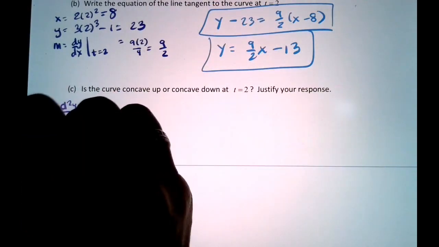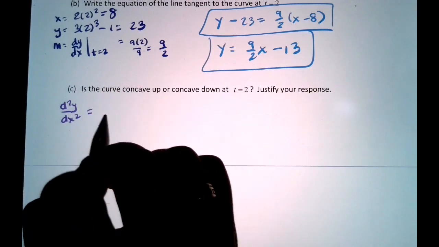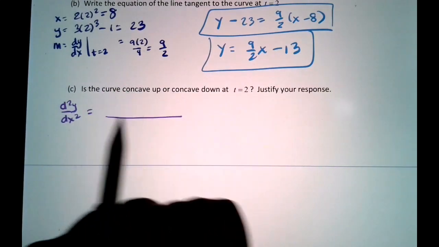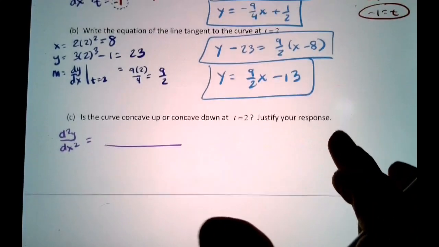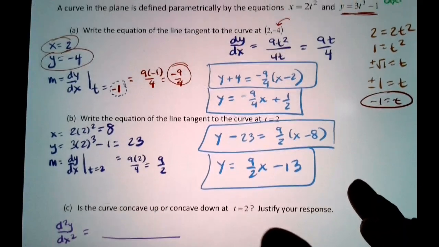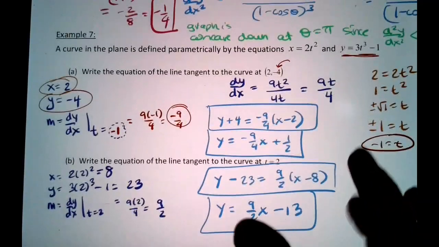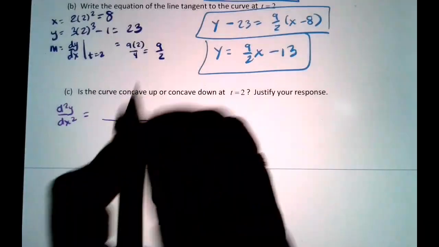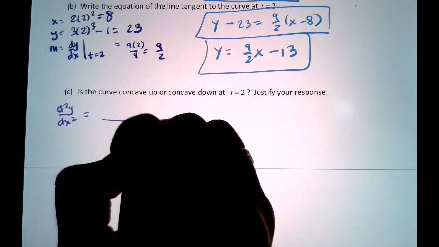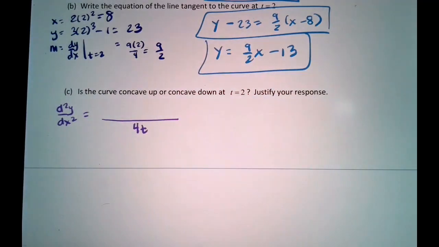Let me start out by saying I am going to take the derivative of dy dx in the numerator, but I am going to put it over the old dx dt. So let's go back and look at what x is. Remember, x is 2t squared, and so the derivative of 2t squared is 4t. That's what I'm putting here. I don't want to forget it. That's why I do it first.